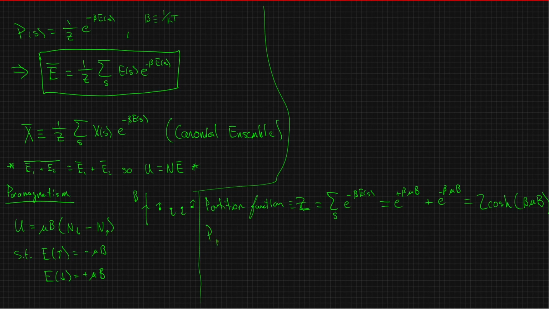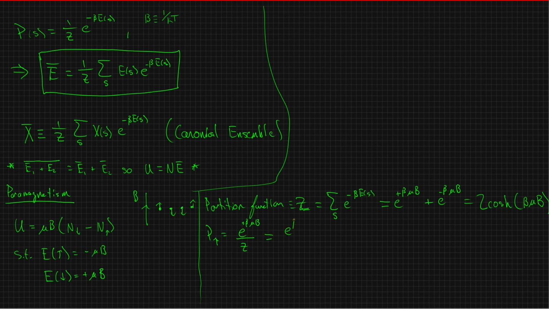Now let's calculate the probability of an up state. So that'll just be, remember, 1 over Z times the Boltzmann factor for that state. So in this case, it'll just be e to the plus beta mu B all over Z. And also P down, it's going to be written the same way. Oh, hold up. So we'll use the partition function here. So we'll just rewrite this.